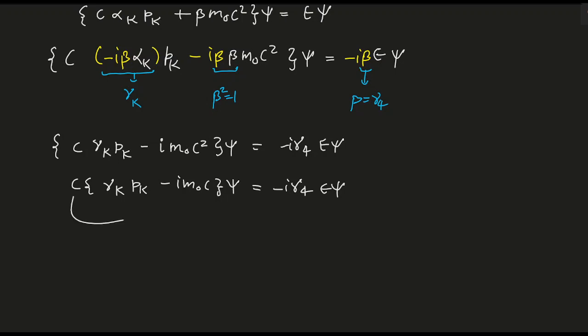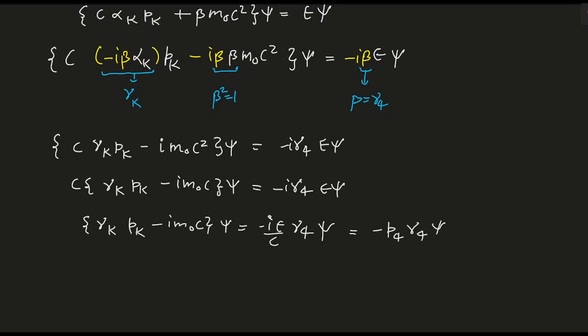So now you can bring that c to the other side. So you will have gamma k pk minus i m naught c psi is equal to minus i E by c. Now you will start to see something. Let's see, what do you see? Okay, so this is nothing but P4. This is minus P4 times gamma 4 psi, because iE by c is equal to P4.